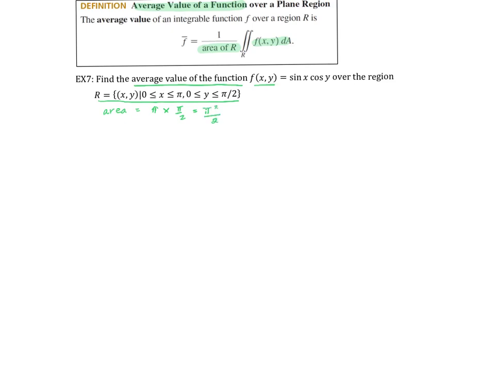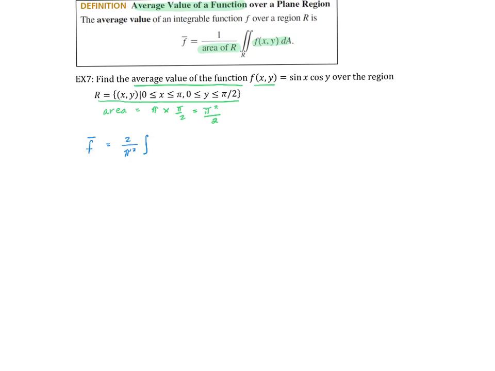We don't want to approximate; we want to keep all our values exact. Now when I find the average value, or f bar, that's going to be equal to 1 over pi squared over 2, which becomes 2 over pi squared, times my integral, which is sine of x cosine of y.